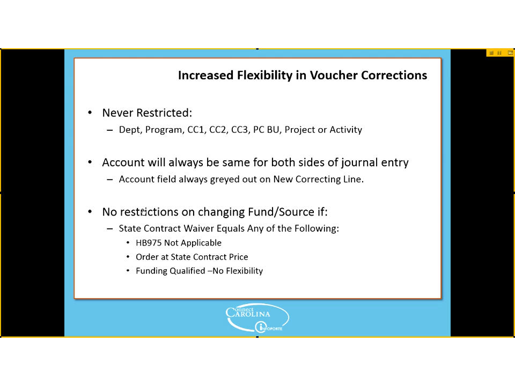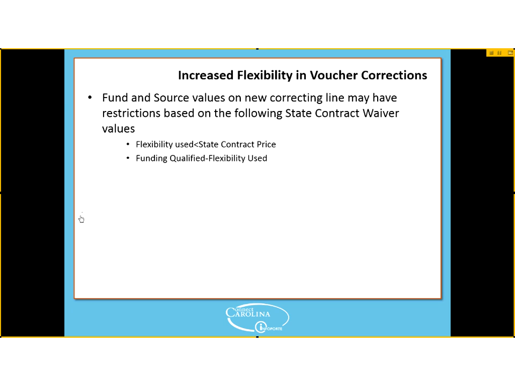But there are no restrictions on changing fund and source if your state contract waiver equals any of the following. So that would include HB 975 is not applicable, the order at the state contract price, or there's qualified funding with no flexibility.